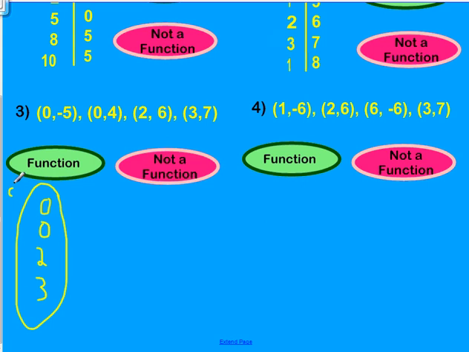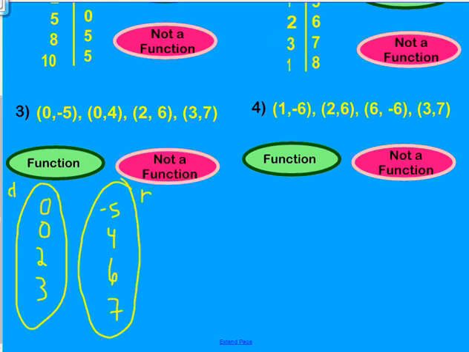I'm going to put a D for domain. Then I'm going to take my y's and put them in order. So I have negative 5, 4, 6, and 7. All right, and these are my ranges.